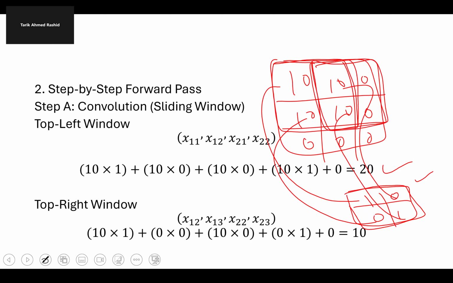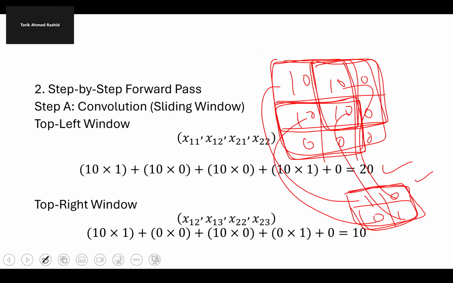So it will be 1 multiplied by 10, 0 multiplied by 0, 0 multiplied by 10, and 0 multiplied by 0. Then it slides through the bottom left of the window: 1 multiplied by 10, 0 multiplied by 10, 0 multiplied by 0, and 1 multiplied by 0.